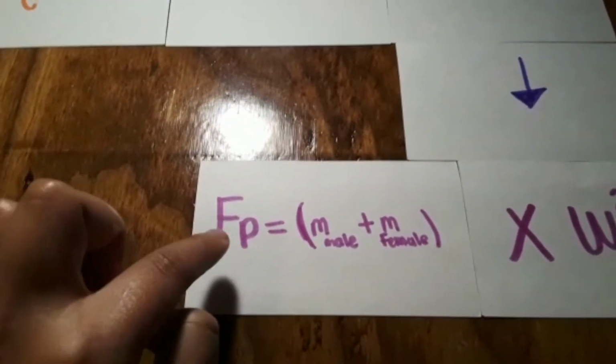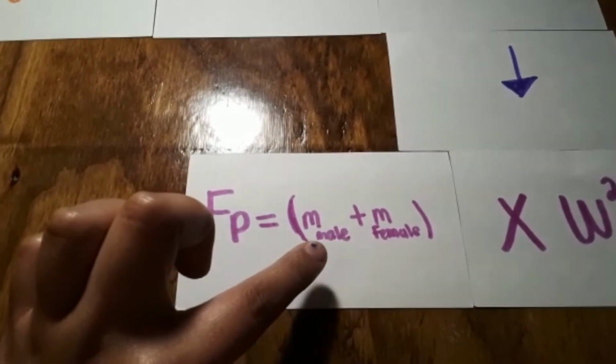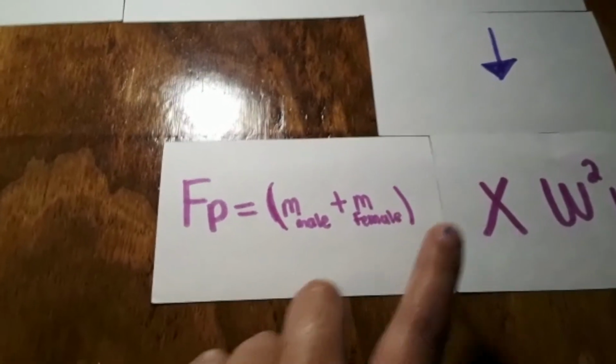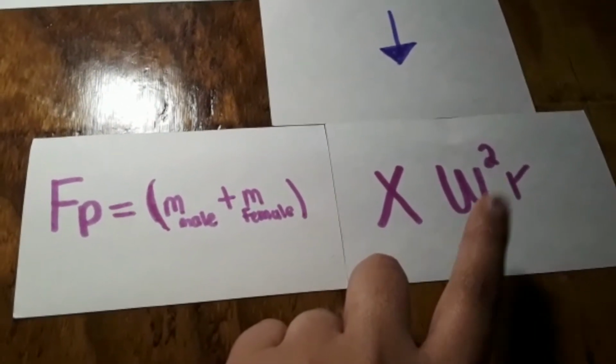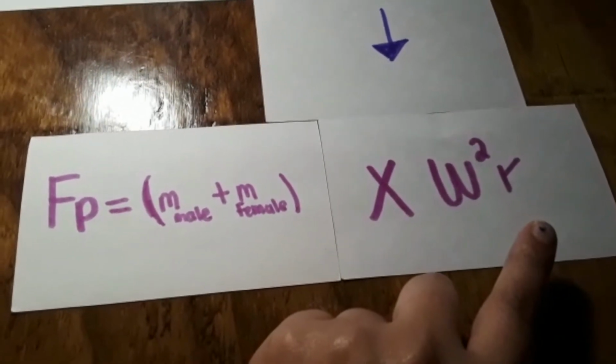So the force of the person equals the mass of the male plus the mass of the female times our rotational rate squared times our radius.